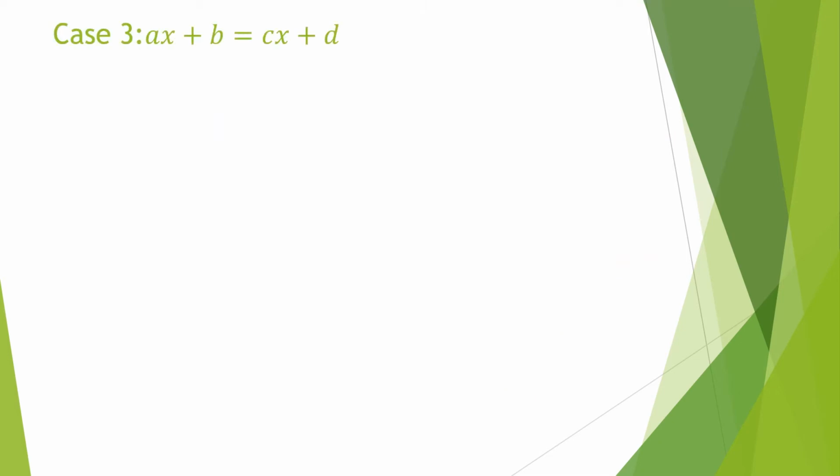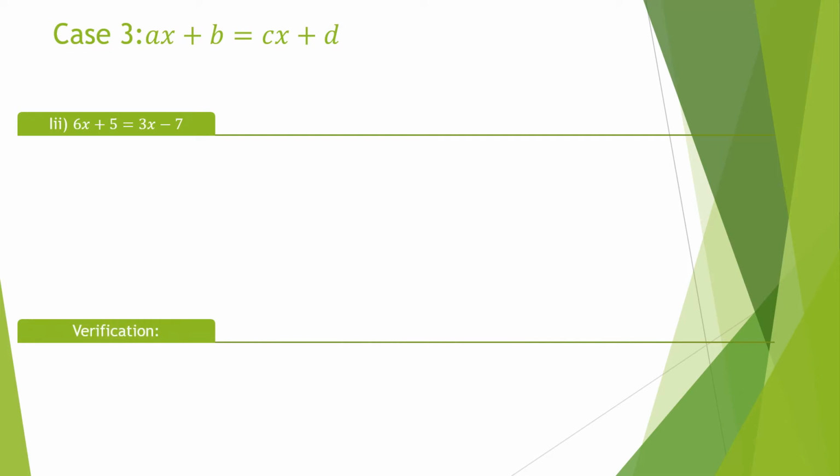Now case number 3 is ax plus b is equal to cx plus d. This is another form. Now the example is 6x plus 5 is equal to 3x minus 7. Solution: there are two sides, right hand side and left hand side.